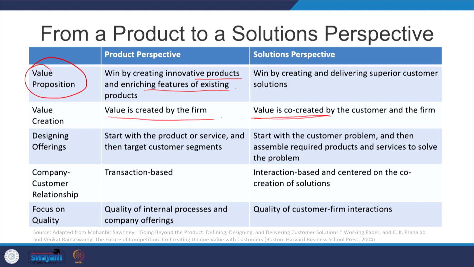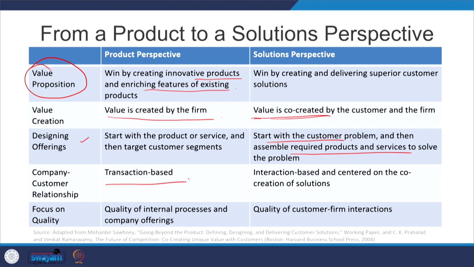Okay. Designing offerings: when you have a product perspective, you start with the product or service and then you focus on the target customers. But in the solutions perspective it is reverse. It starts with the customer problem and then assembles the required parts or services, or produces them, to solve this problem. What kind of relationship exists?